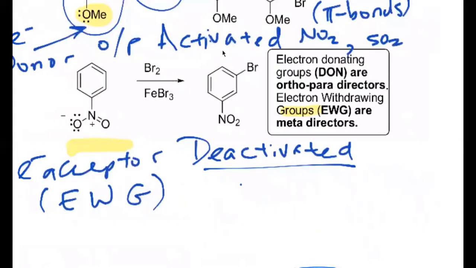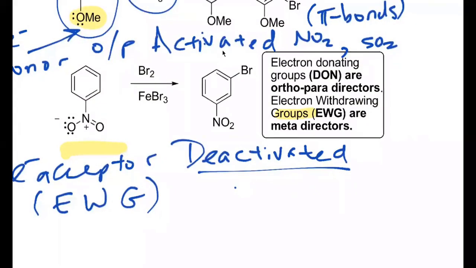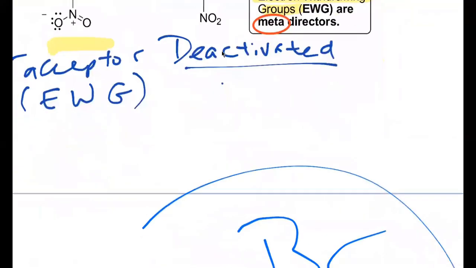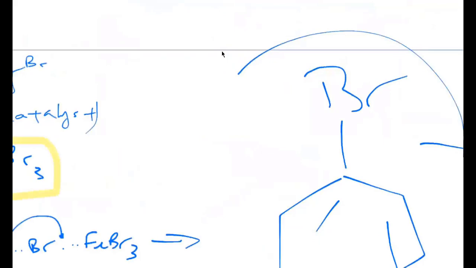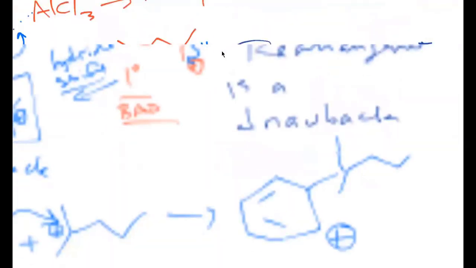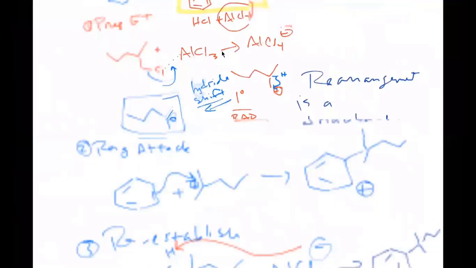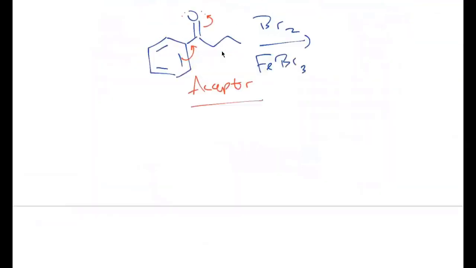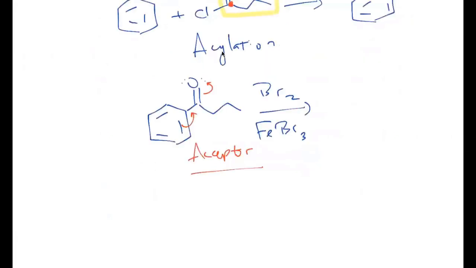All of your acceptors or electron withdrawing groups are meta directors, and then your donors are ortho para directors. So if I put an acceptor on the ring and then do another reaction on it, that acceptor should make the product meta. So the product should look like this.